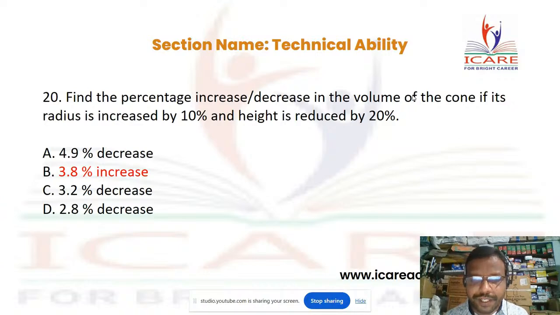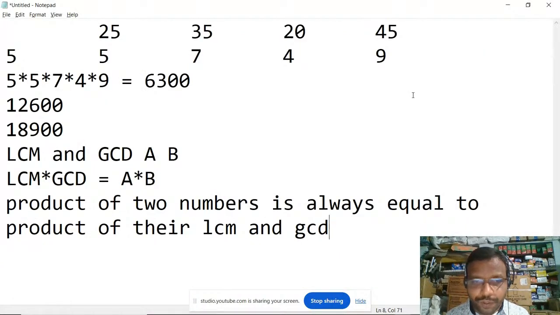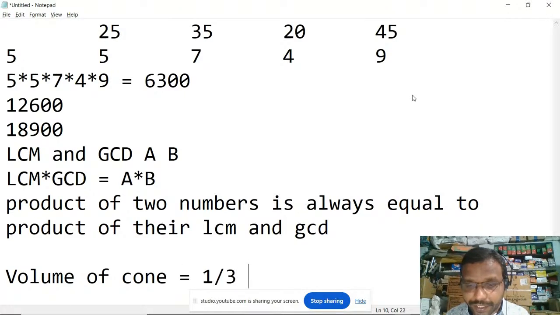Initially we don't know the volume of the cone. Let us say r is the radius and h is the height. Directly 1 by 3 pi r square h.